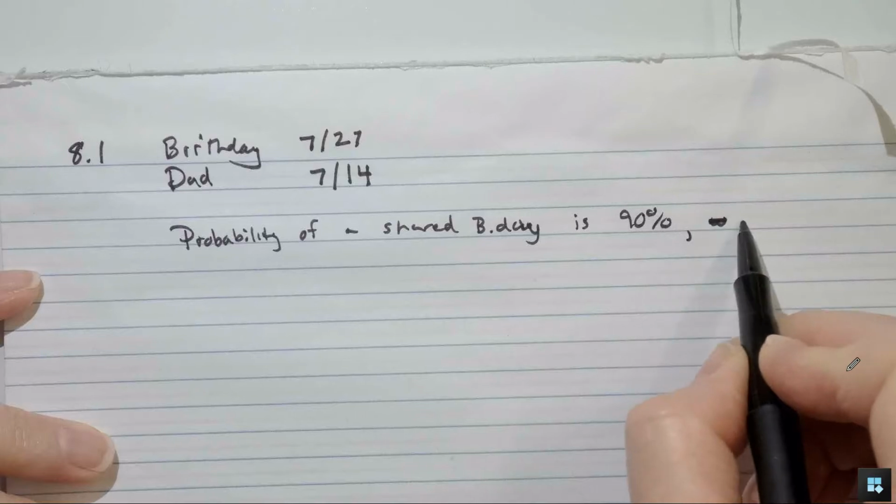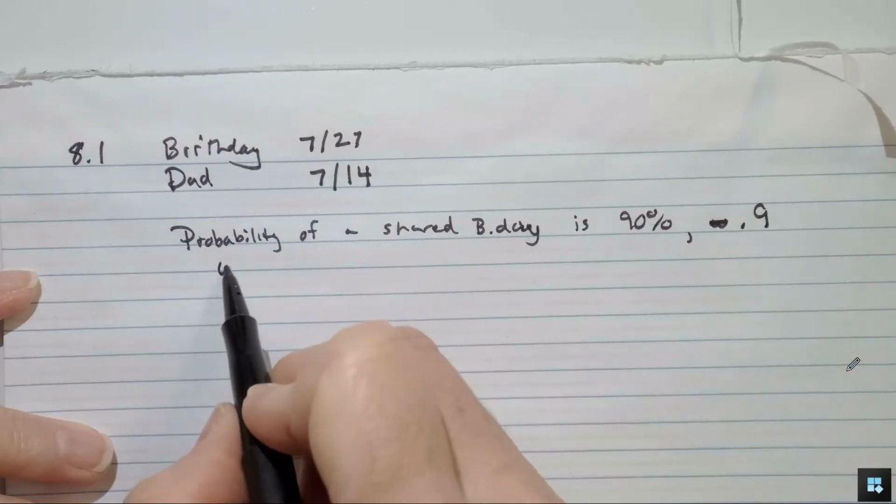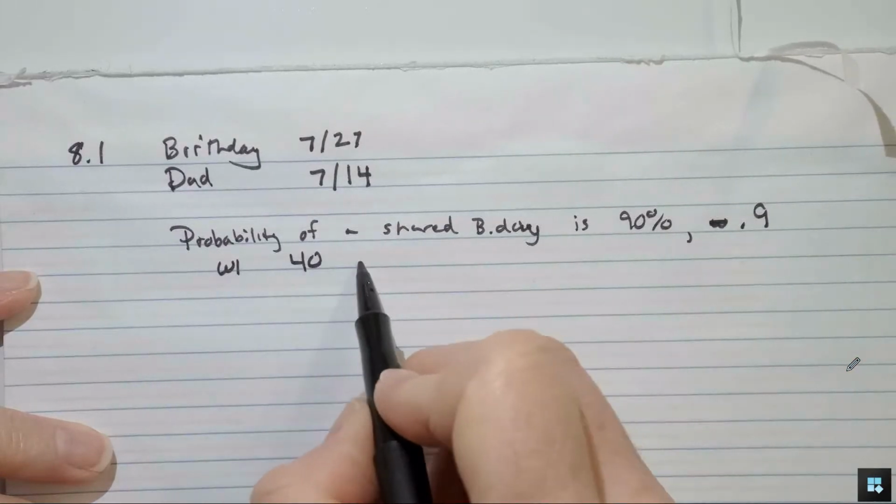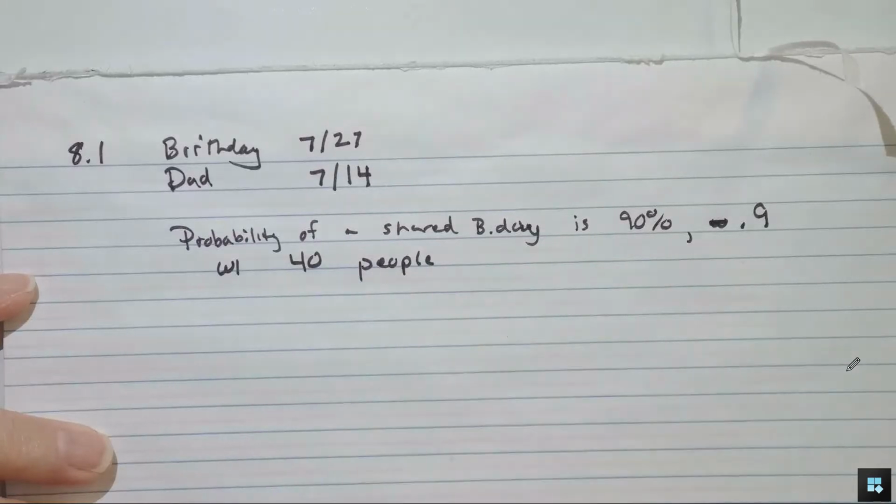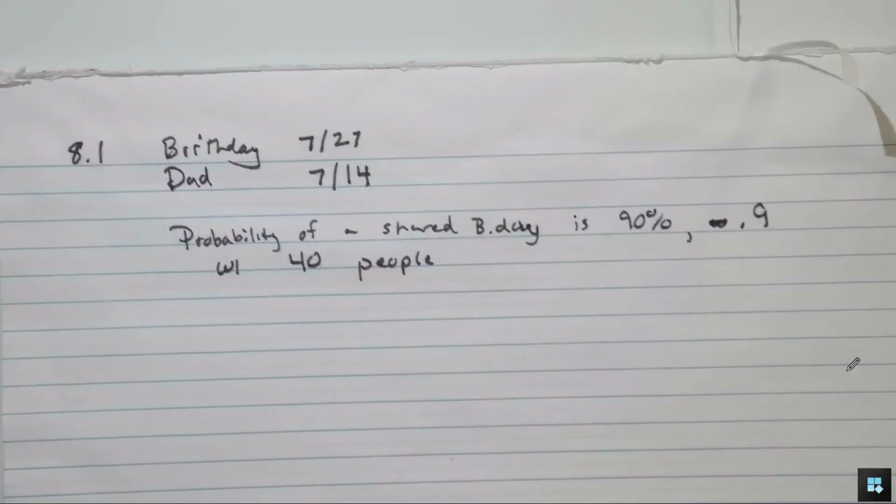We'd actually write that as 0.9 with 40 people. So the probability of having a shared birthday is actually 90% with just 40 people. So let's try that experiment and see if we confirm that here. Sometimes we do and sometimes we don't. Actually, I'd say about 90% of the time we do.